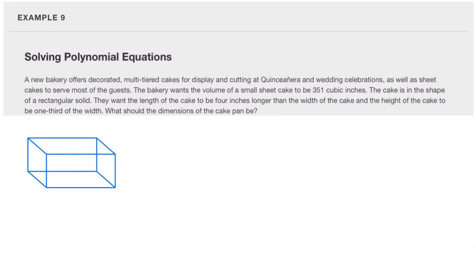The volume, okay, so they want the volume to be 351 cubic inches, so inches cubed. A rectangular solid, a rectangular prism. They want the length of the cake to be 4 inches longer than the width. So the length is the width plus 4. The height of the cake to be 1/3 of the width. So the height is W/3.